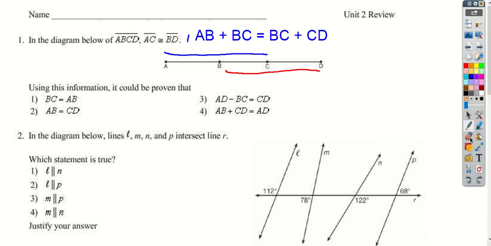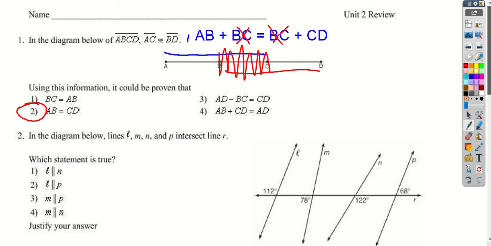And so in the middle, we can see that they're sharing this segment BC, and if we were to subtract that from both sides, we get left with AB equaling CD. And so the answer is choice number 1.